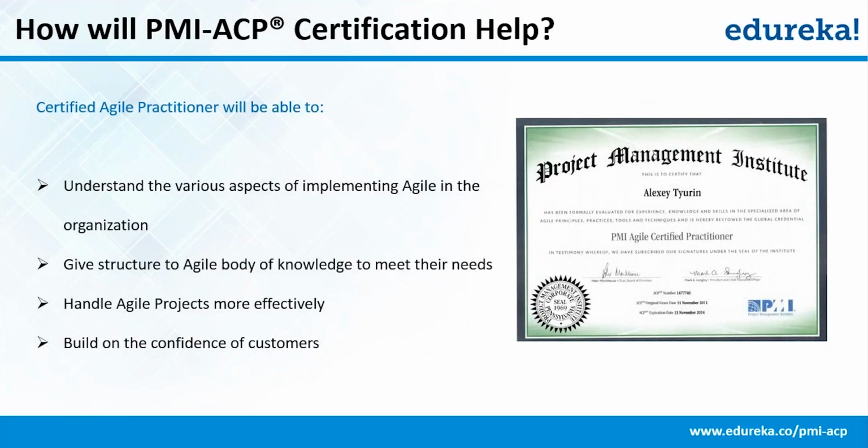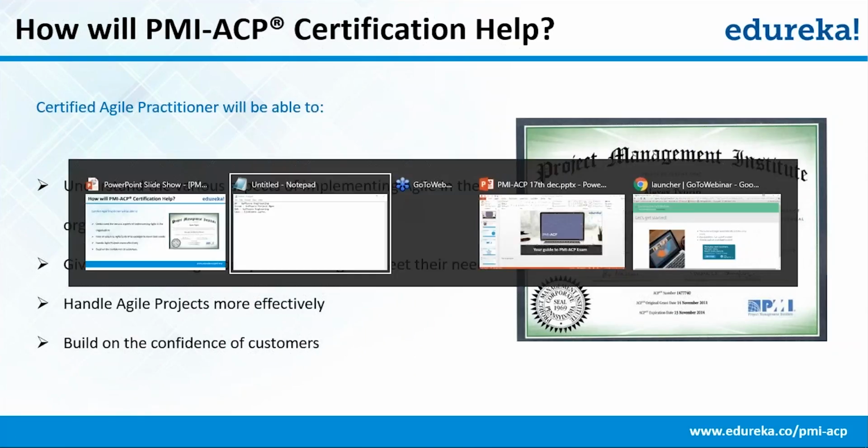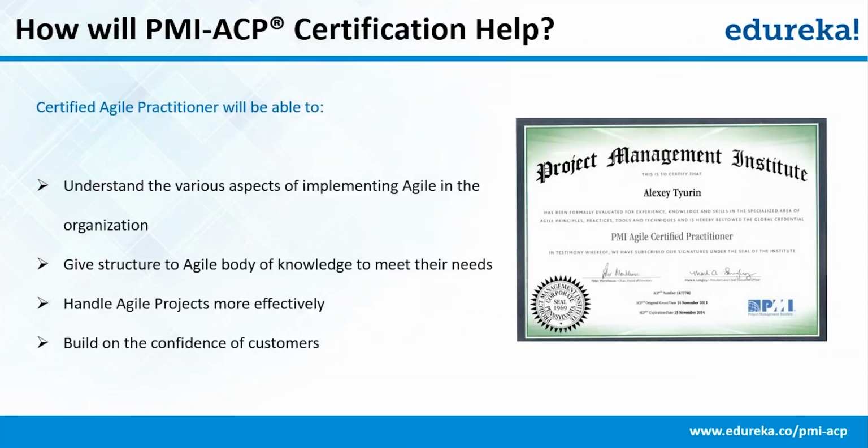So, certified Agile practitioner, what are the benefits? Firstly, you understand the various aspects of implementing Agile in an organization. So it's not only within the team, you understand the organization-wide impact. And since it's pretty exhaustive, I told you about those 4 things which you cover here. That gives you a huge knowledge base to cater to various types of situations. And also the best thing is that this Agile PMI-ACP syllabus gives it a kind of structure.